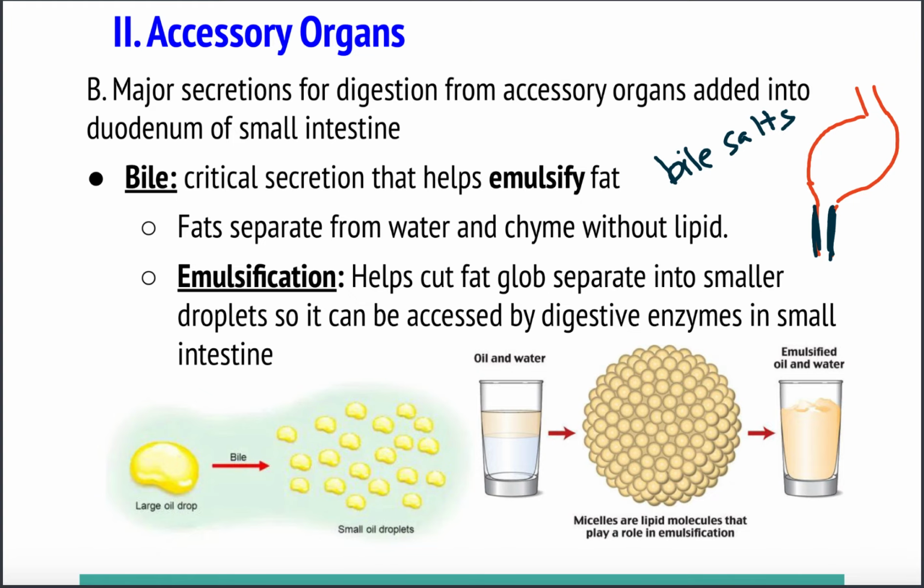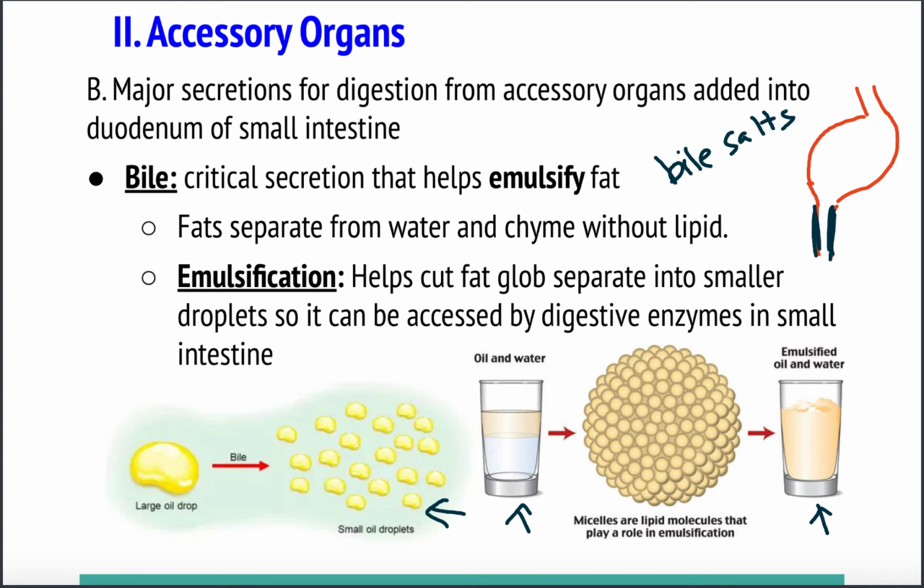And then because the fat stays separate from everything else, you can't get enzymes into that fat to digest the fat. So what bile is going to do is break that fat into tiny drops. And what that's going to effectively do is prevent the fat lipid from separating from your stomach acid. Instead, it's going to mix it into the chyme, basically.